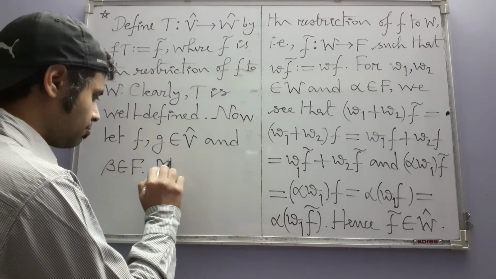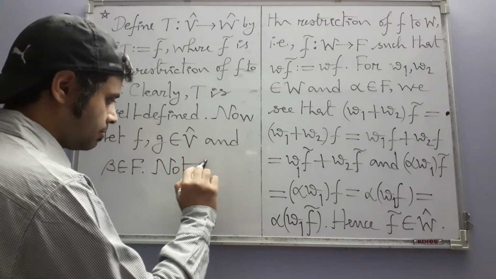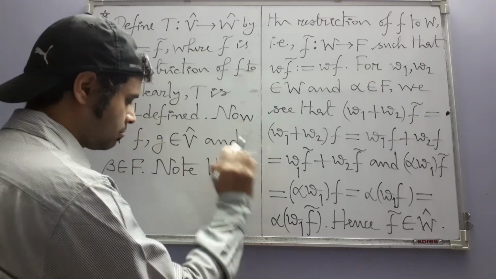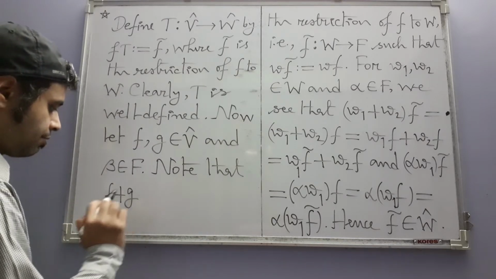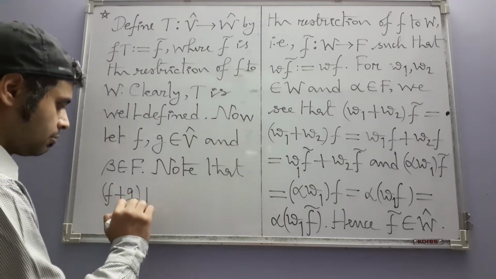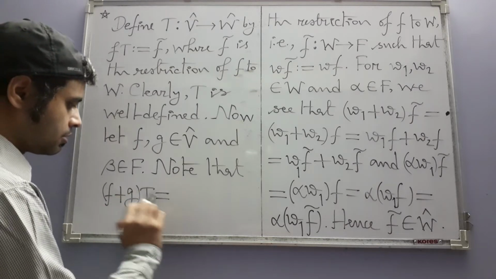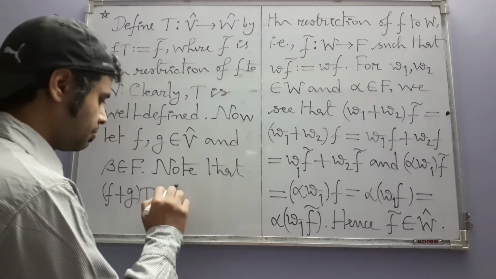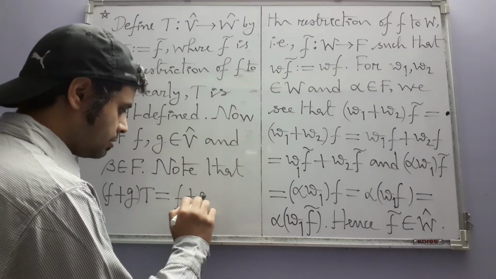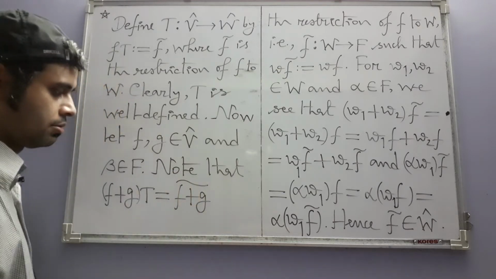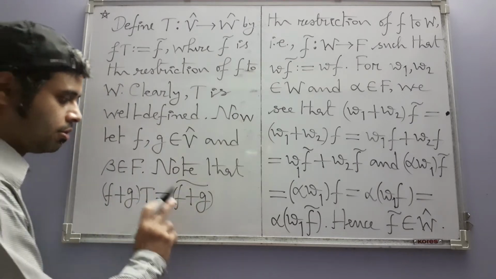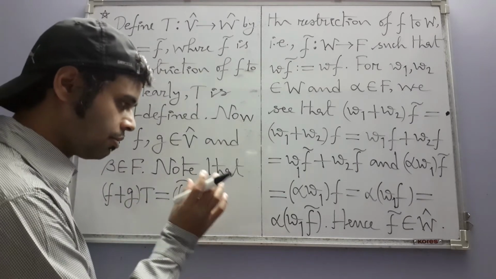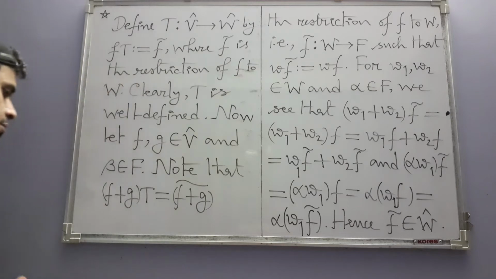Note that, so first we see addition. Note that F plus G T is equal to what? By definition it is this. Where you understand that this denotes the restriction of F plus G on W. Fine.